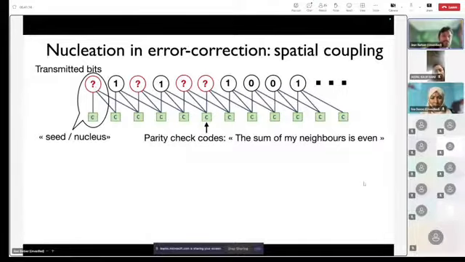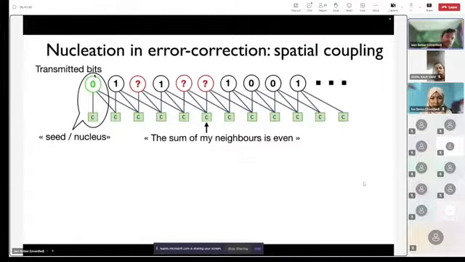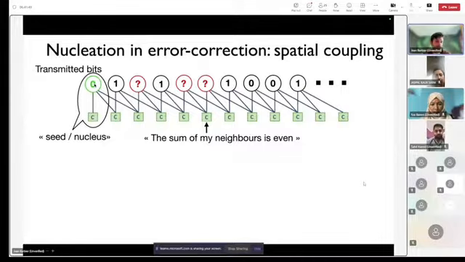So it means that the first bit will always be a 0, because the sum of the neighbors of this one must be even. There is only one, so it must be a 0. So even if it was erased during communication, if you receive a question mark here, you know in advance it was a 0 because you pre-agreed that it was a 0. So you already know this.